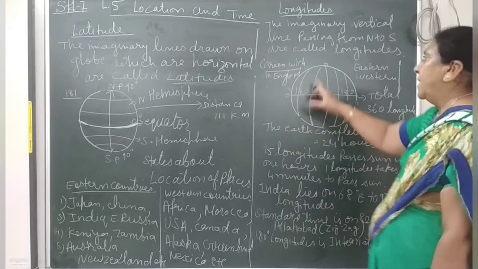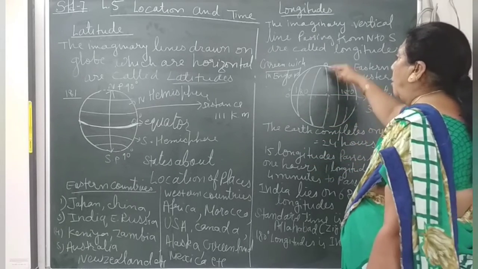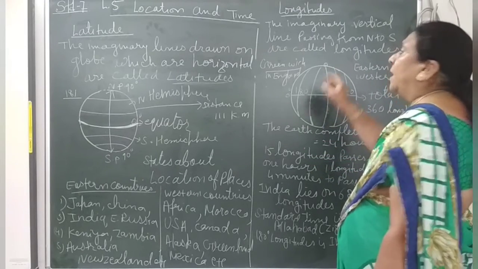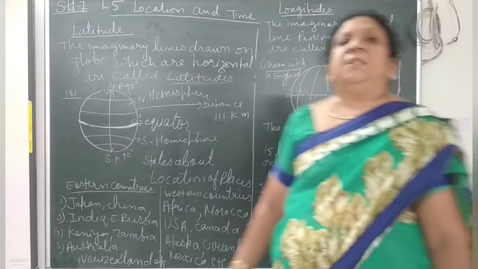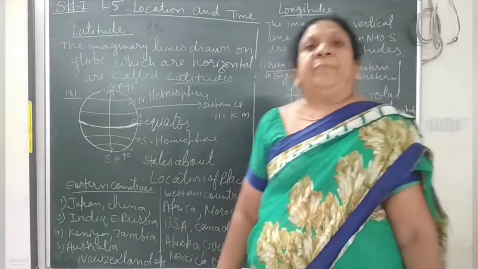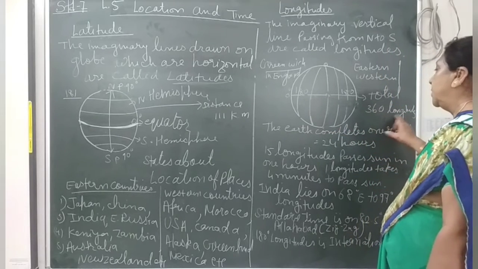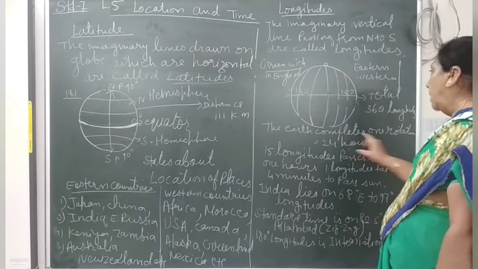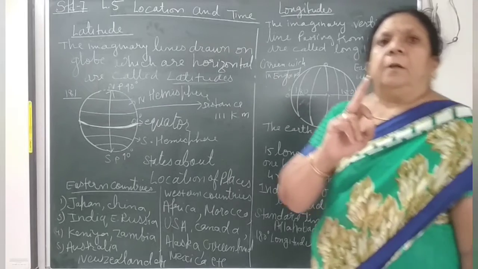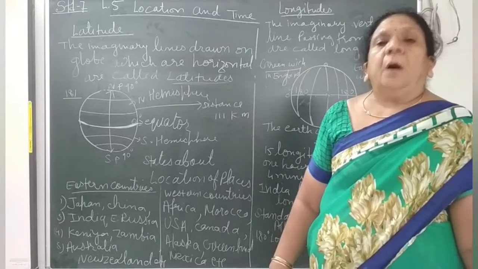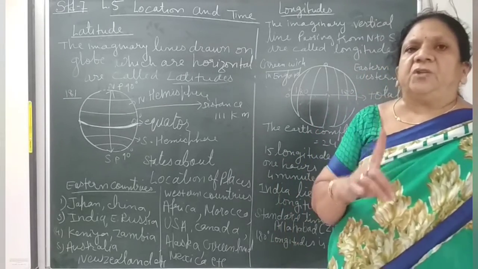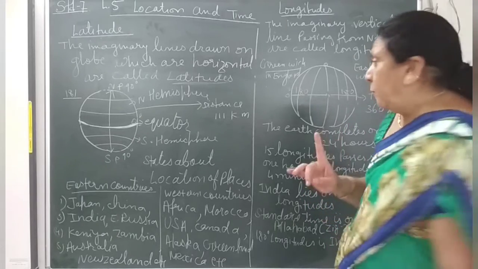Now, the earth revolves around the sun. There are a total of 360 longitudes. The earth completes one rotation in 24 hours. Understand, one rotation, one day, takes 24 hours.